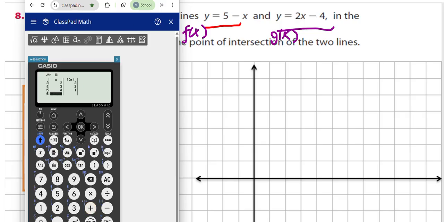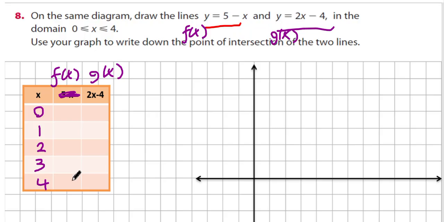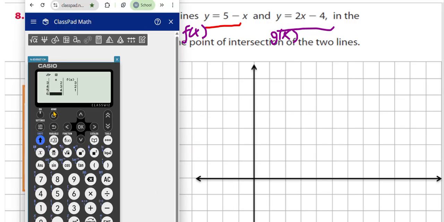Did everybody get those points? 0, 5; 1, 4; 2, 3; 3, 2; 4, 1. Then I'll go back to calculate and define the function again, and this time I'll do 2x minus 4.